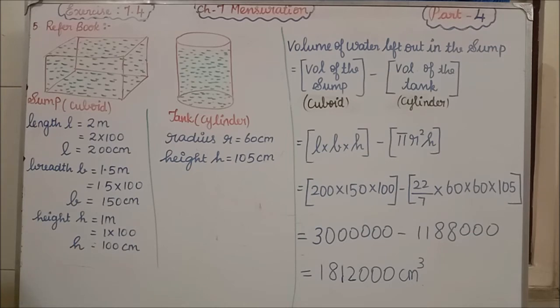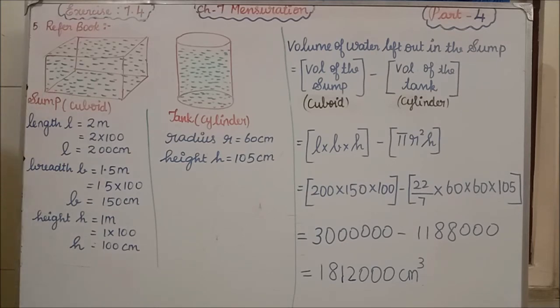This is filled by pumping water from a sump. How we are filling that tank means by the sump. Sump means we will be having an underground tank, which is in the shape of a cuboid.